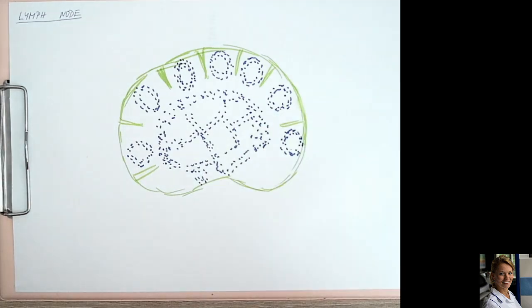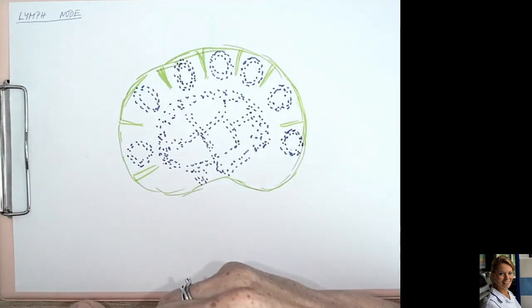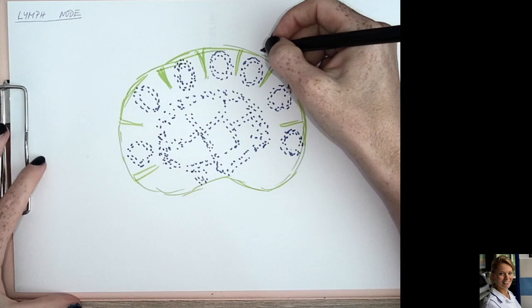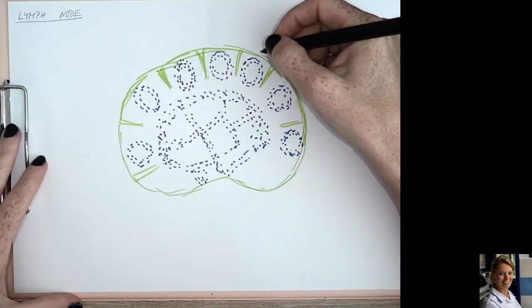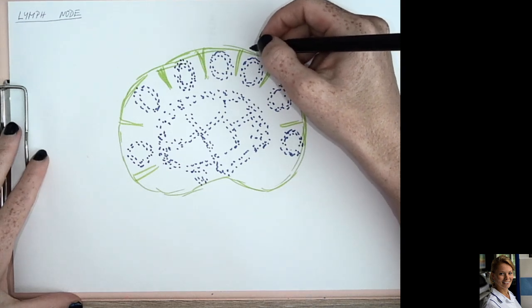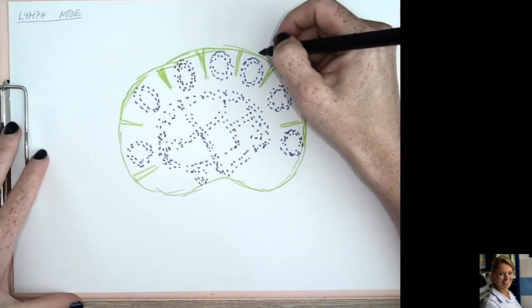Now we describe the way of lymph through the lymph node. The afferent lymphatic vessels with valves penetrate the capsule and enter into the subcapsular sinus, which runs just below the capsule.